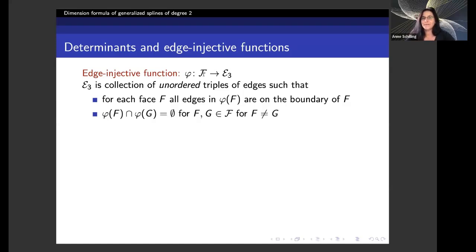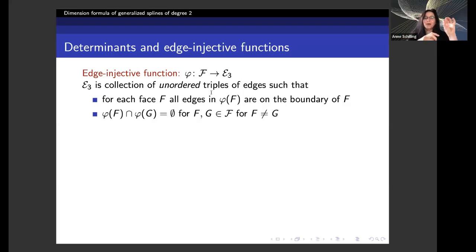Curly F is just the set of all faces in our graph. And this edge-injective function will go from these faces to an unordered triple of 3 edges. And these triples should have the property that the 3 edges should be on that face F.